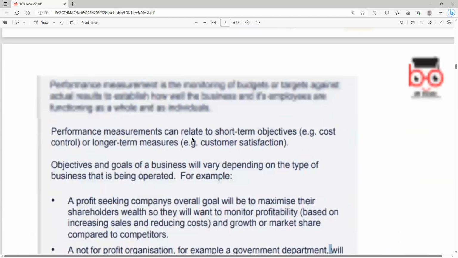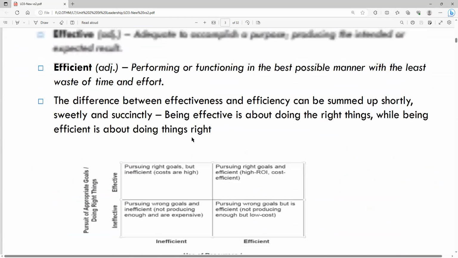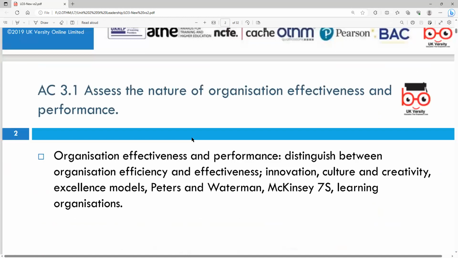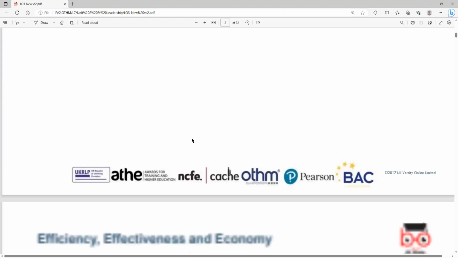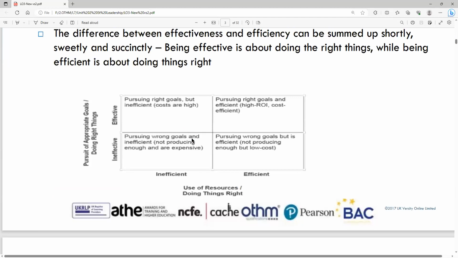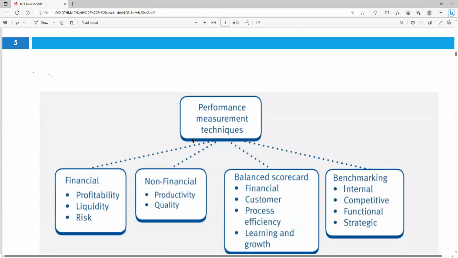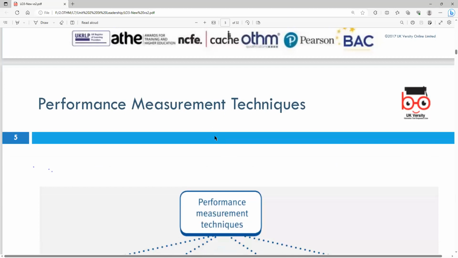So this was 3.1, to look at being effective and being efficient, and the nature of being effective and being efficient. We found different models used for different techniques. We said we can use financial or non-financial measures to measure performance.